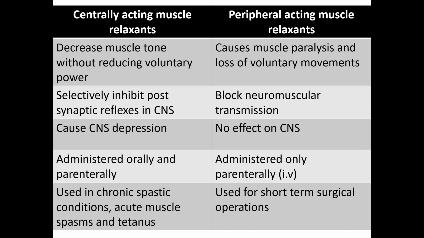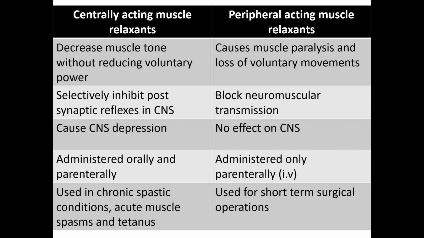And coming to the comparative effects of the centrally acting and peripherally acting skeletal muscle relaxants. The centrally acting muscle relaxants decrease muscle tone without reducing voluntary power, whereas peripherally acting skeletal muscle relaxants cause muscle paralysis and loss of voluntary movement.